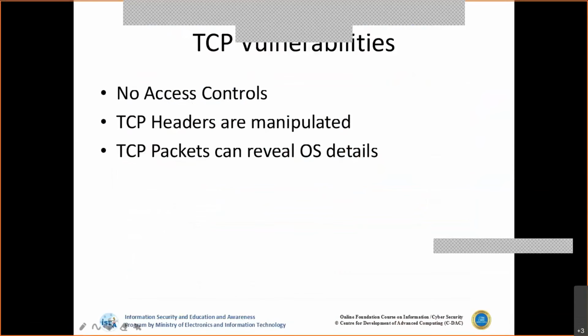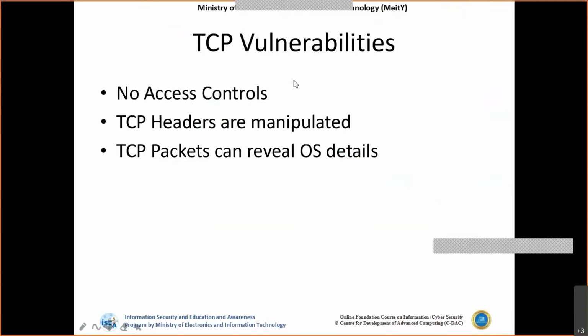So again, there are certain vulnerabilities associated with TCP, as we have with other protocols also. There are no access controls with respect to TCP, and the TCP headers can be manipulated, because with some tools we can generate our own headers with respect to TCP, or the packets can be generated for manipulation.